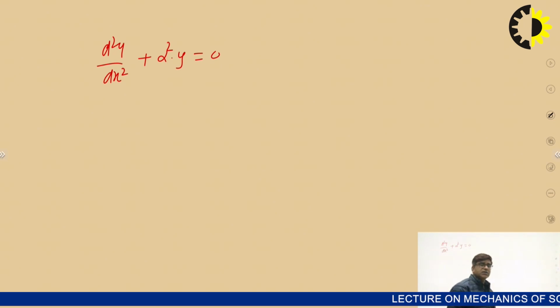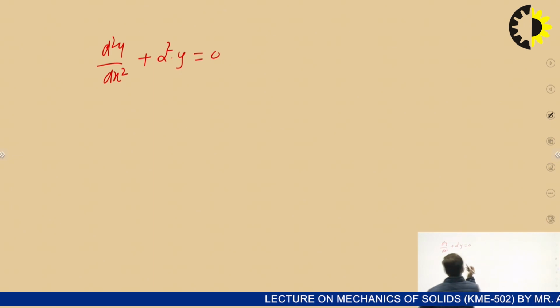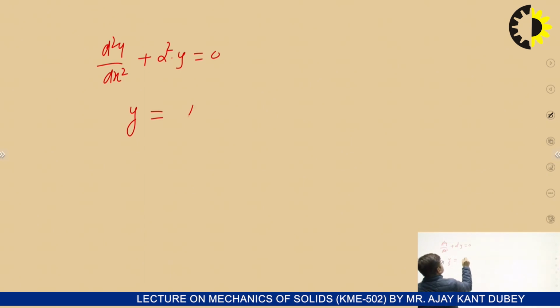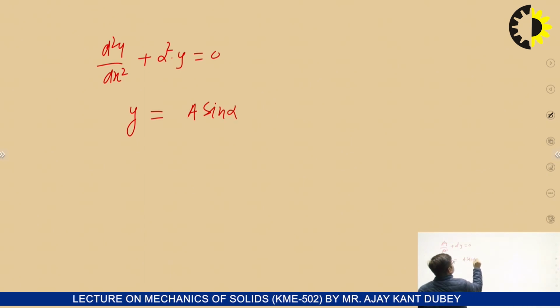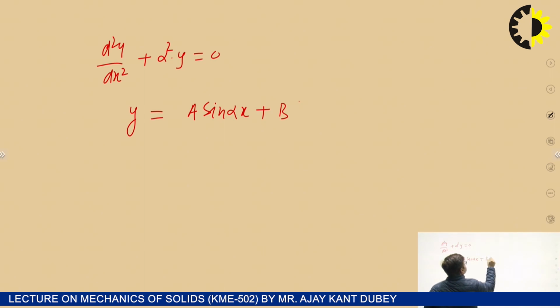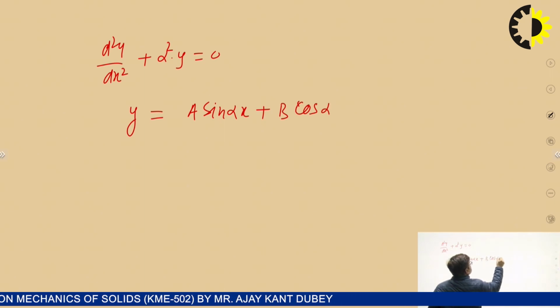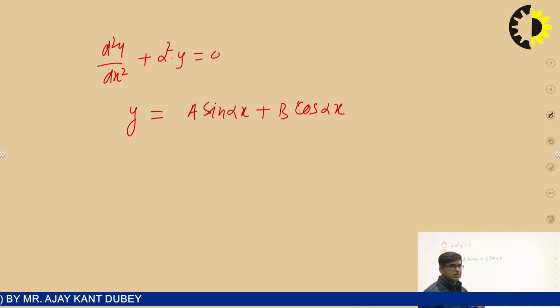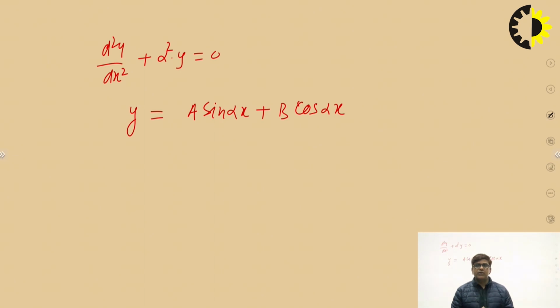Now we can find the general solution of this differential equation for deflection: y equal to A sine alpha x plus B cos alpha x. Now A and B are the coefficients, the constants. We can find the values of A and B by putting different boundary conditions.